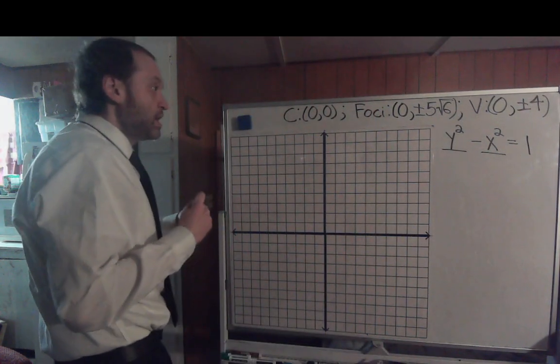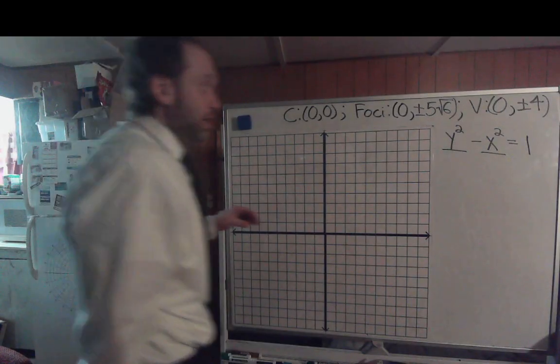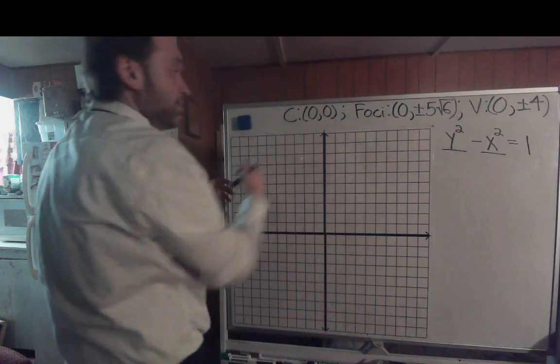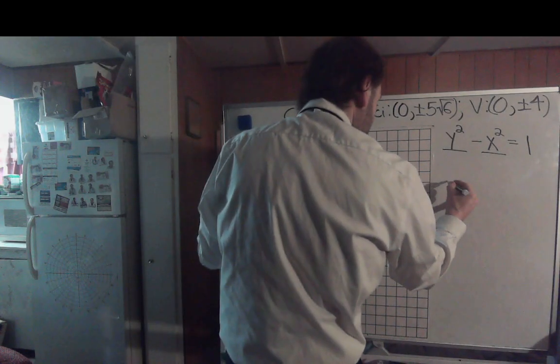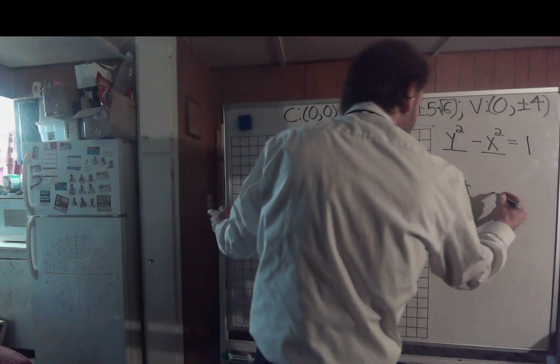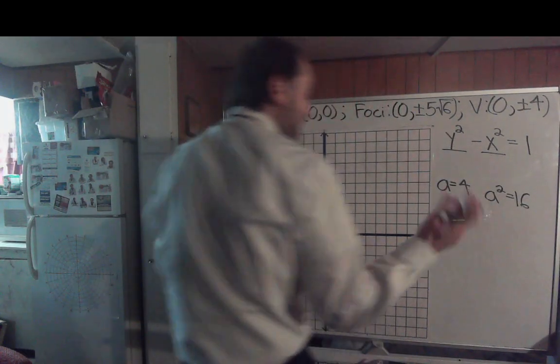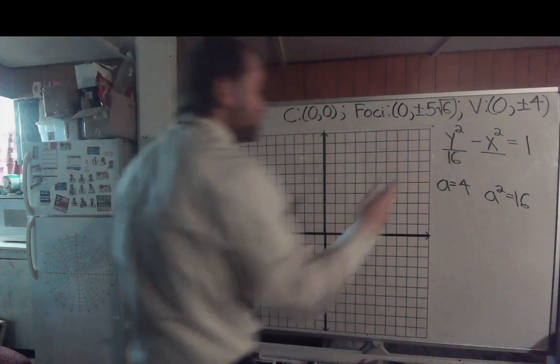Now, to find our A, we know our vertices are 0 plus and minus 4. So that's a change of 4 units each direction from the center. So that means A equals 4. So A squared has to equal 16. So since the y-axis is the major axis, that 16 goes right below the y squared.